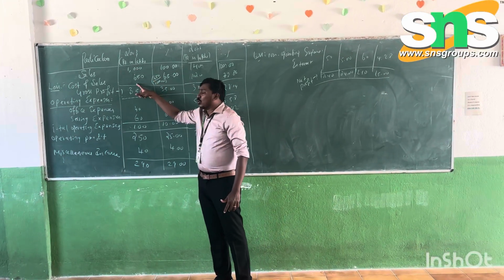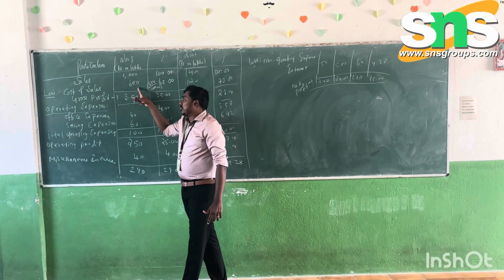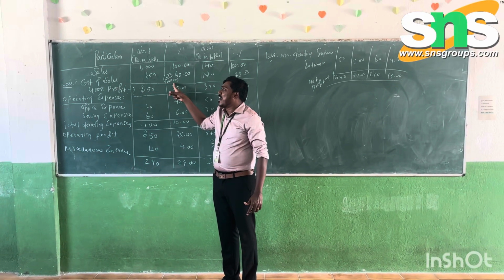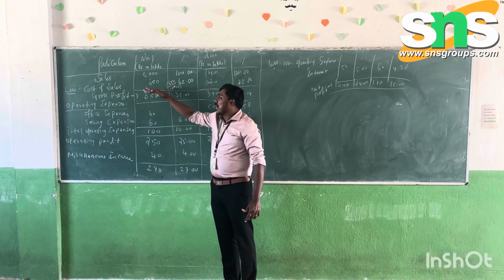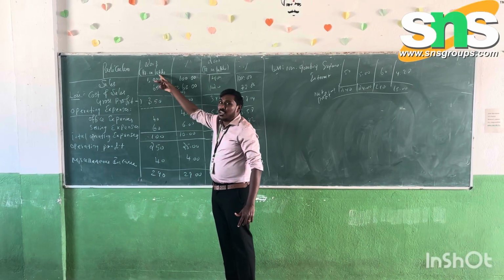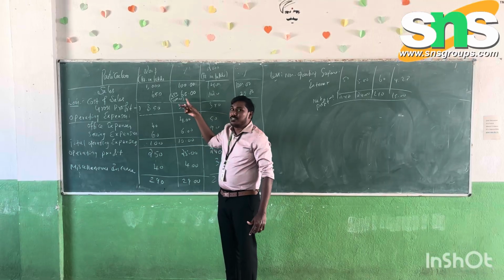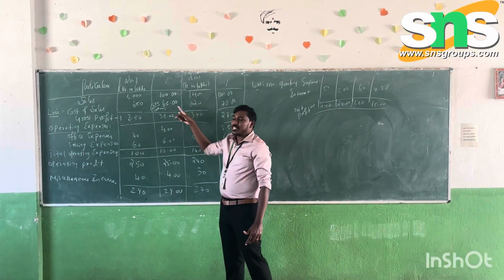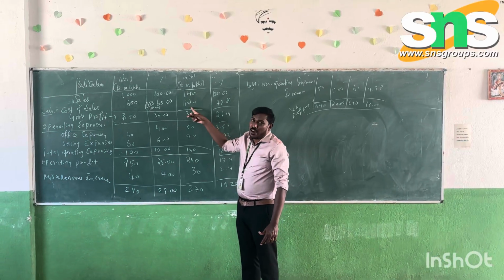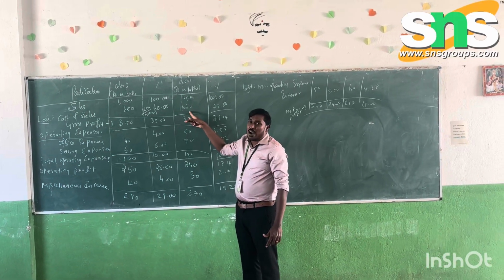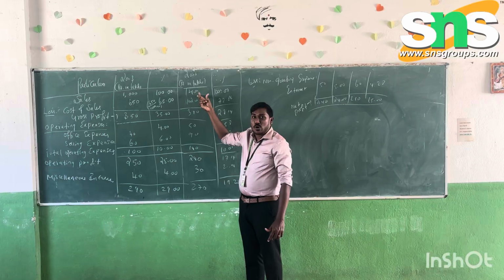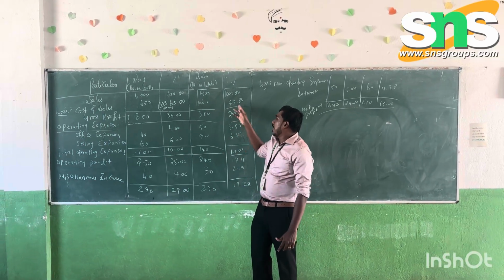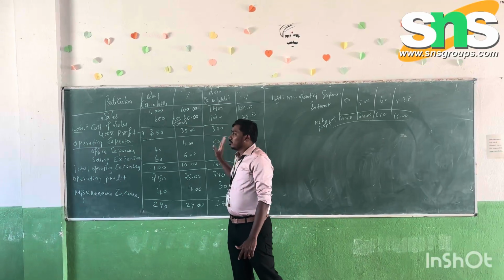For 2003, the cost of sales is 650; we divide 650 by 1000 and multiply by 100, and we get 65.00 percent. Then 1020 divided by 1400 into 100 gives 72.86 as the answer for cost of sales.